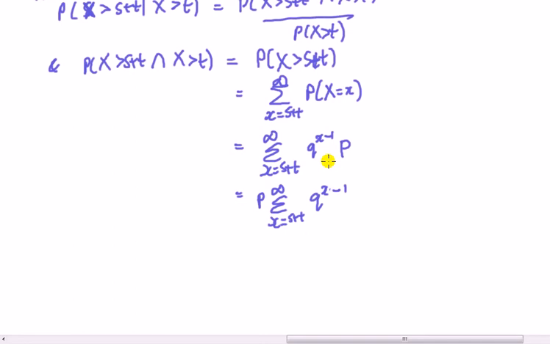We want to go back and just check whether we've done anything wrong. So we know that this is true: X is bigger than s plus t. X is discrete, so bigger than and bigger than or equal to mean different things. So if I look down here, I can see that I am not summing over the right thing. Because X is bigger than s plus t, it must mean that it's bigger than or equal to s plus t plus 1.